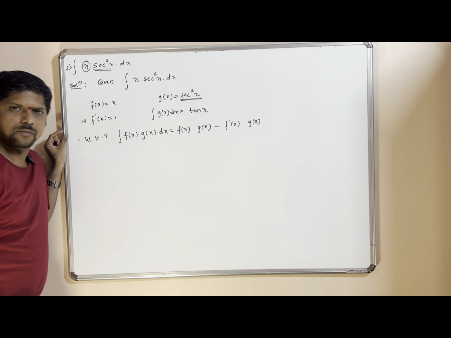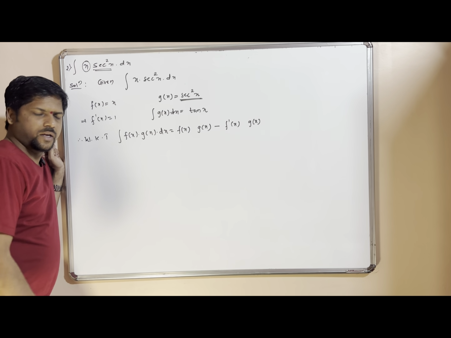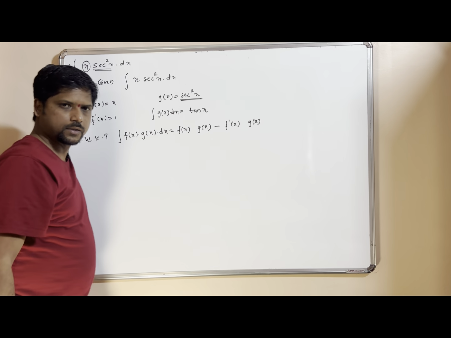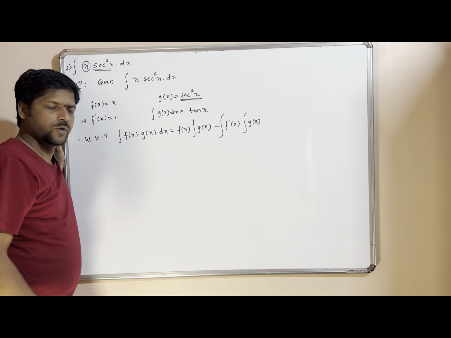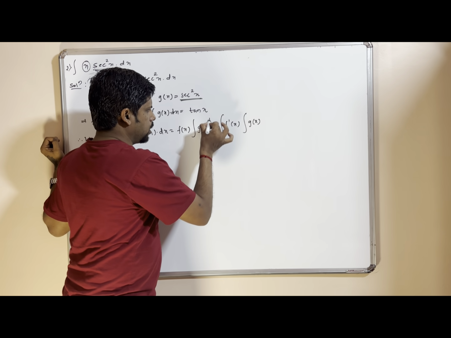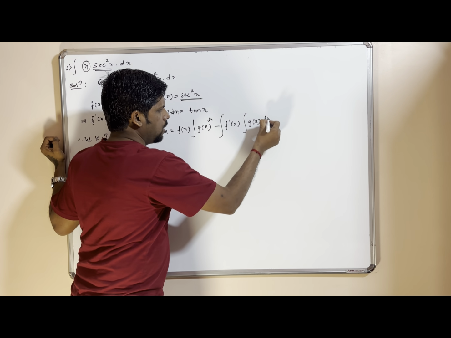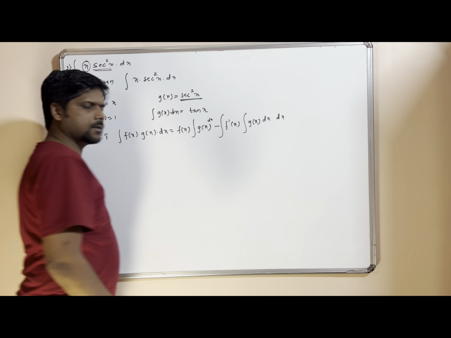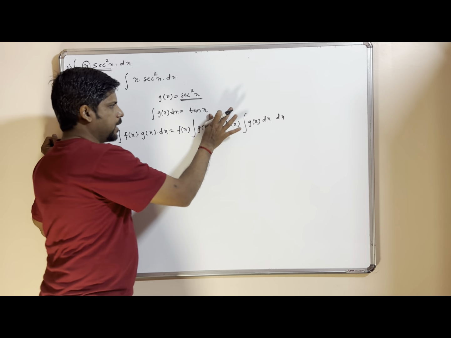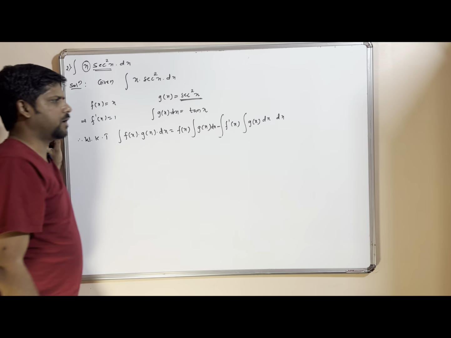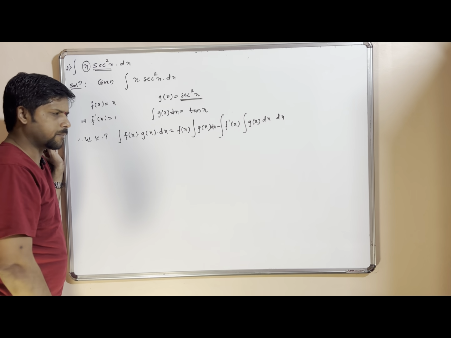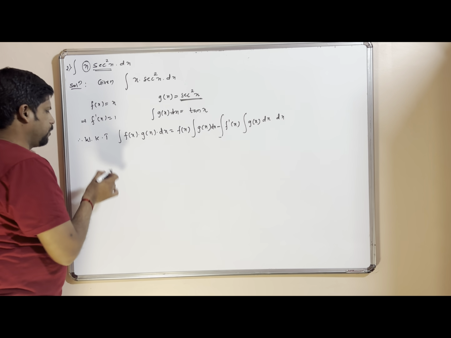Write f of x g of x, f dash of x g of x, integrate, put an integration here, here, and here, and dx. So integration of f of x g of x into dx minus f dash of x integration of g of x into dx. So substitute.